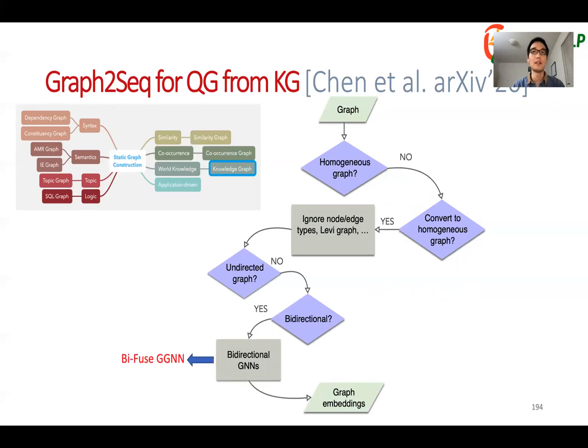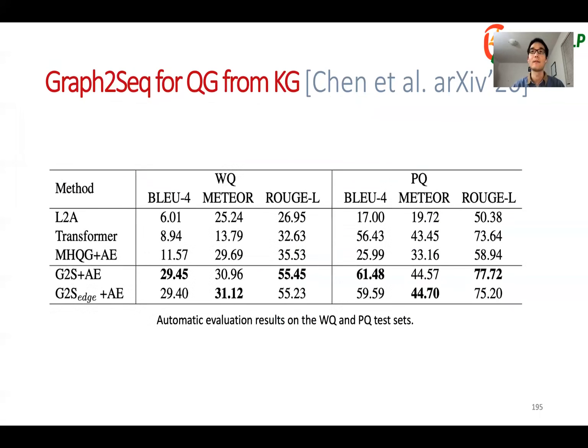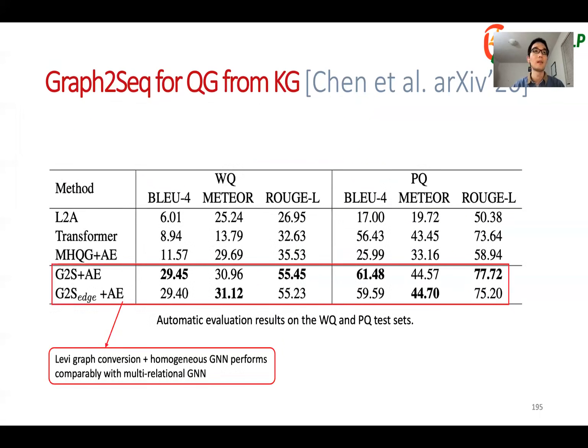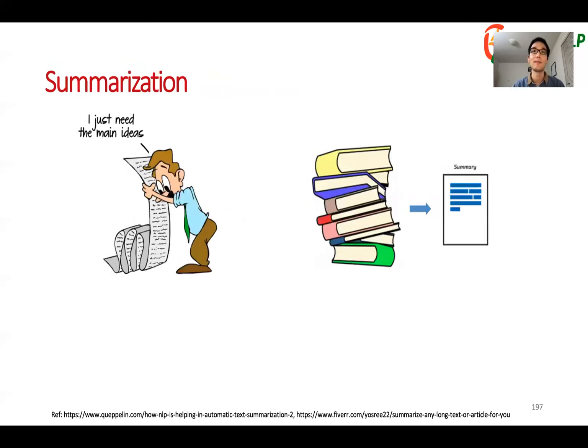The other strategy is to apply multi-relational GNNs to encode the KG subgraph. The experimental results showed that Levi graph conversion plus homogeneous GNNs performs comparably with multi-relational GNNs. And its ablation study showed that bi-directional GNNs perform better than unidirectional GNNs.